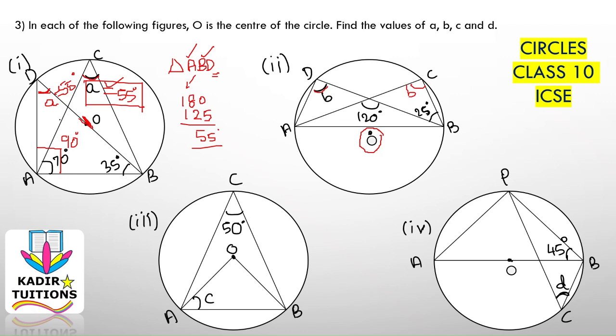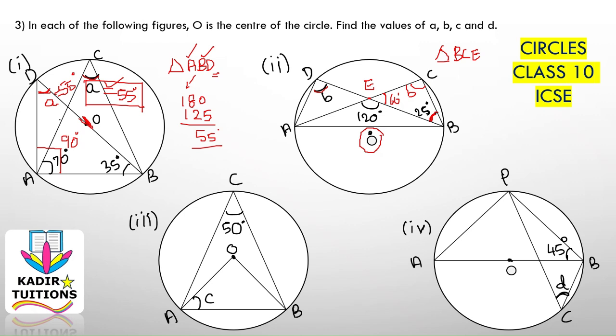So now we need to find the value of B. I can mark this point as E. So can I consider BCE as a triangle? Because we know this angle, that means EBC is 25 degrees, and we can easily find this angle because of the linear angle sum property. AC is a straight line, on one side 120 degrees, then this is going to be 60 degrees.